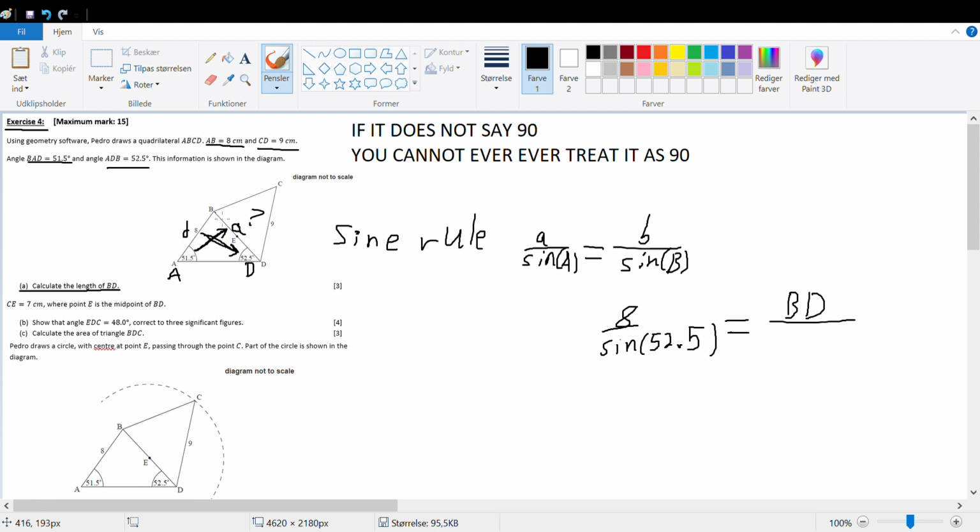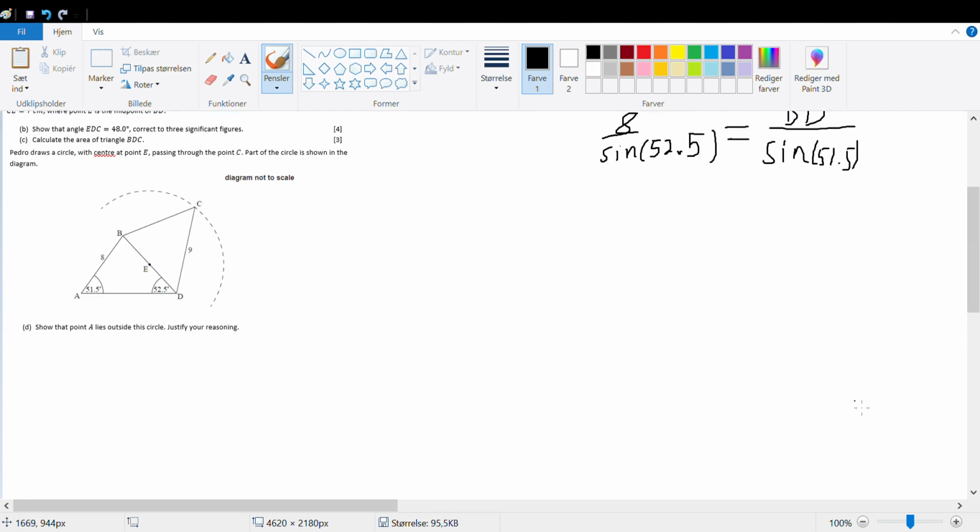You can see that this side B to D is the same as a. It's just another way of writing it. I'm going to divide that by sine of 51.5, because that's the angle corresponding to that side. Now, the last step is, in principle, to isolate for BD.